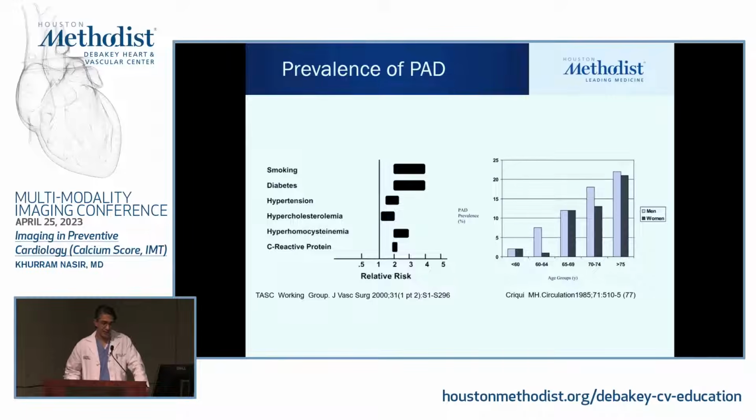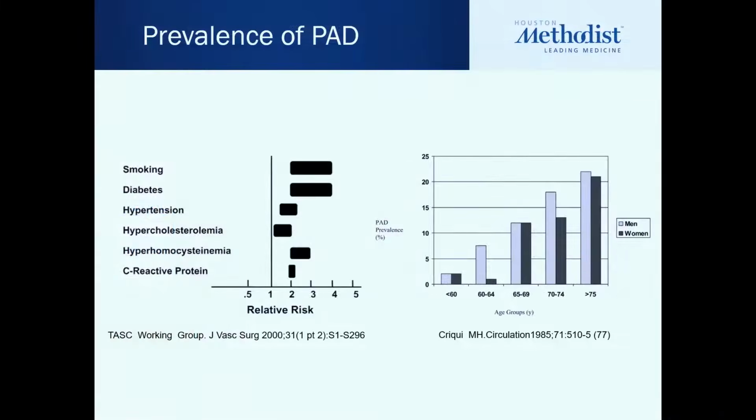Now, if we look at some epidemiological studies, you can see from this slide that common risk factors predispose you to having peripheral arterial disease. The two biggest risk factors are smoking and diabetes. You can see from these studies that they can increase your risk almost fourfold compared to somebody who does not smoke or does not have diabetes.